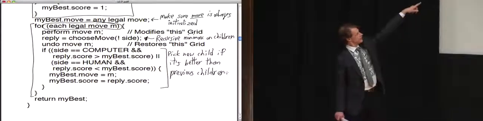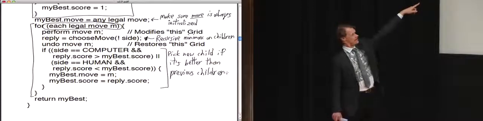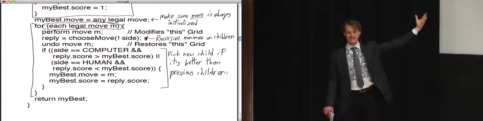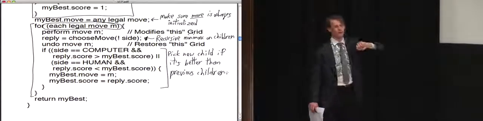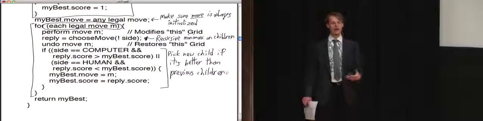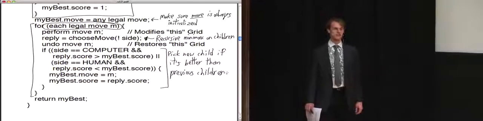So this just says, if the new child is better than all the previous children we've looked at, pick the new child. The if conditional is a little bit complicated because the meaning of best child depends on whether it's the computer's turn or the opponent's turn. If it's the computer's turn, you're looking for a new move with a higher score than the previous best move.